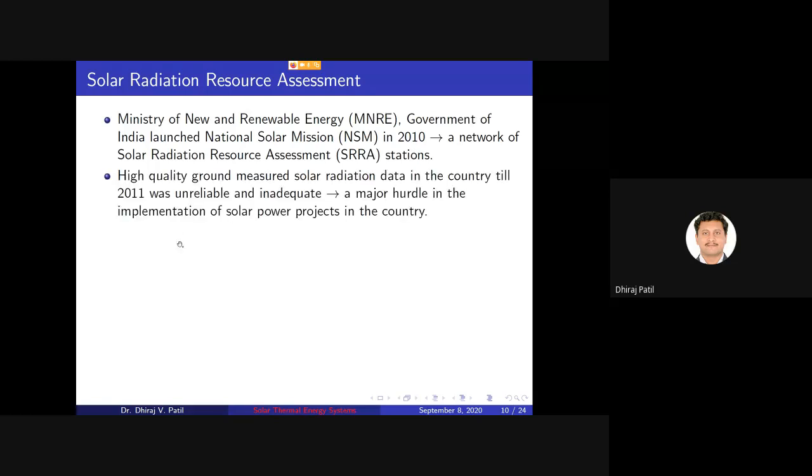They have been built to have high quality ground measurements of solar radiation data in the country, so that we can have reliable data. Until 2011, that means only 8 to 9 years ago, we didn't have much reliable data.